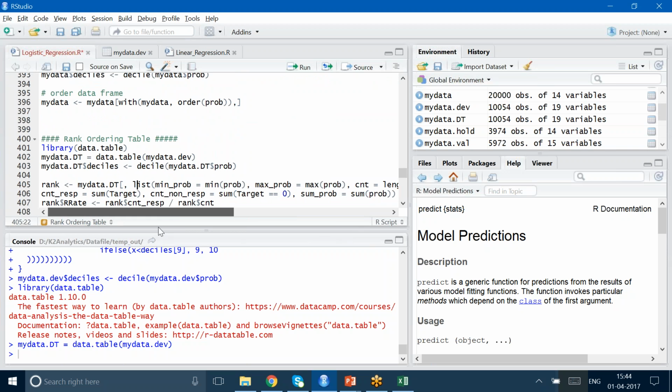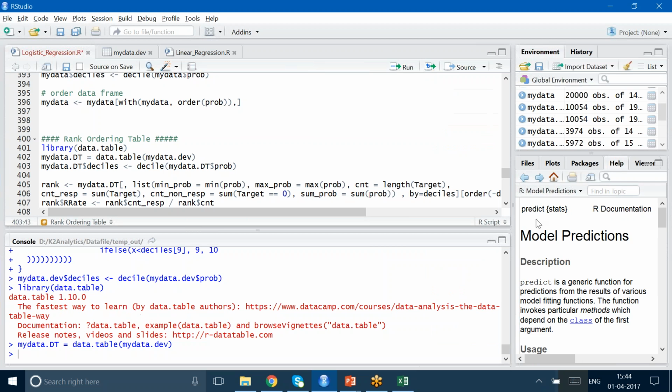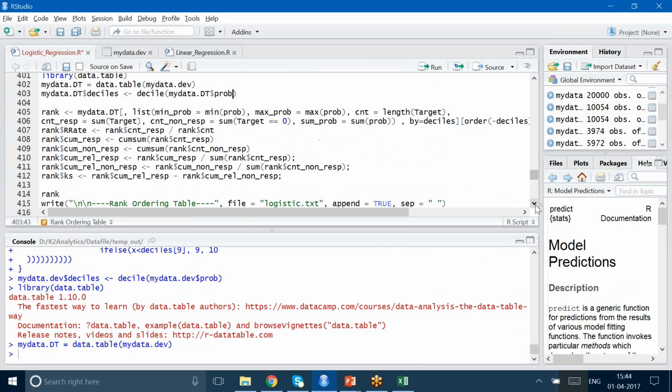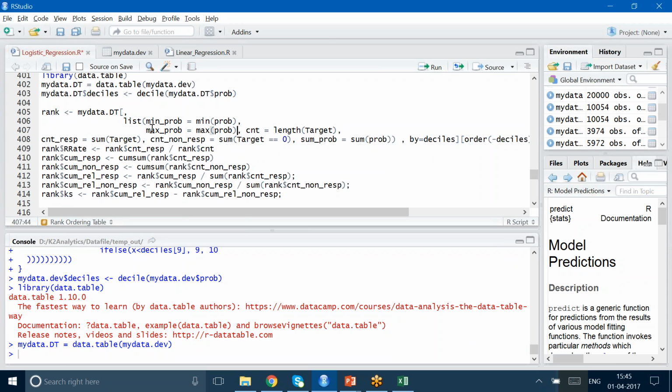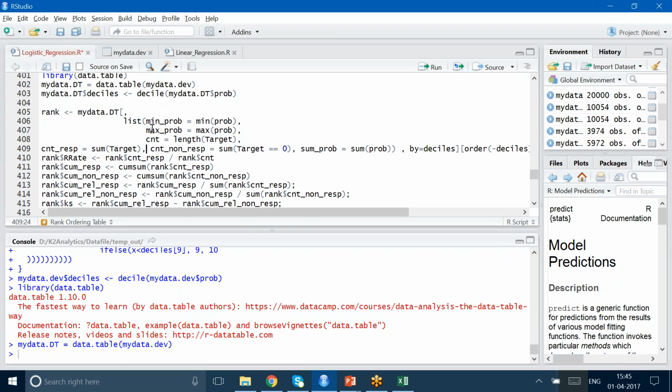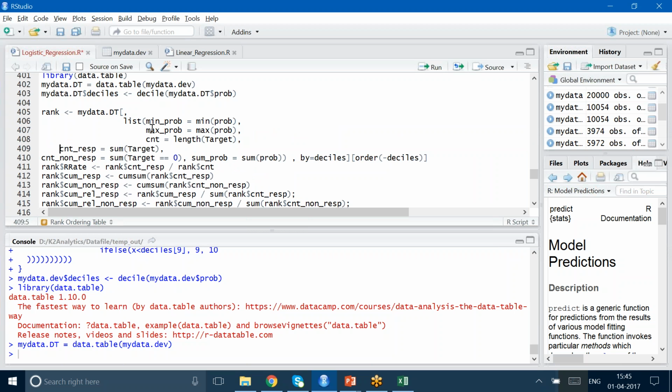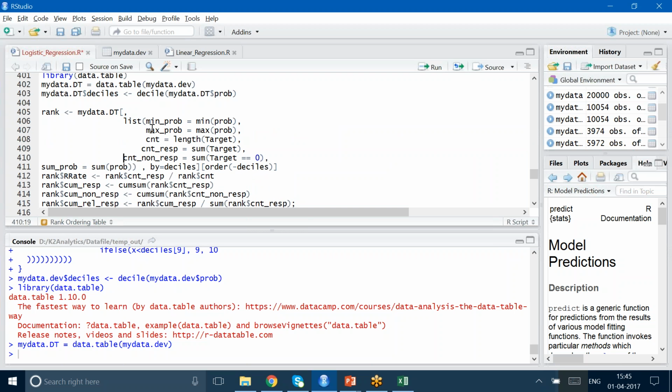Again, I'm not going into this entire logic. I'll quickly run this entire logic. This logic is basically using min probabilities, max probabilities, getting you count of customers, count of responders, count of non-responders, and summing the probabilities.